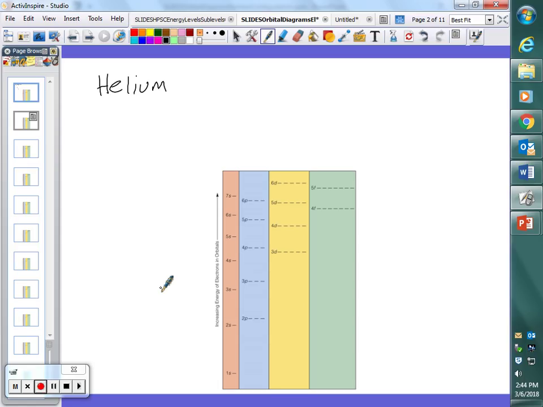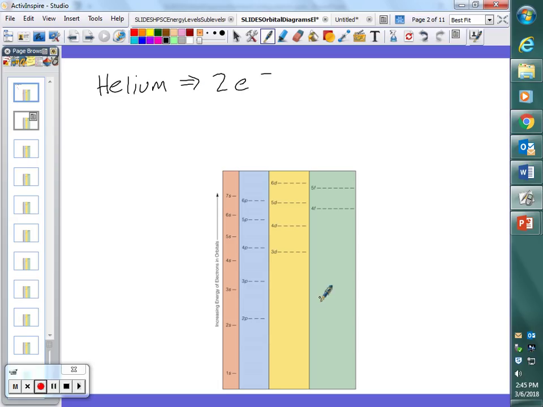So helium's next. In doing orbital diagrams, the first thing we need to determine is what? How many electrons? You go to the periodic table, you find helium's atomic number. Hassan, what's helium's atomic number? It's 2. So that means helium has 2 electrons.